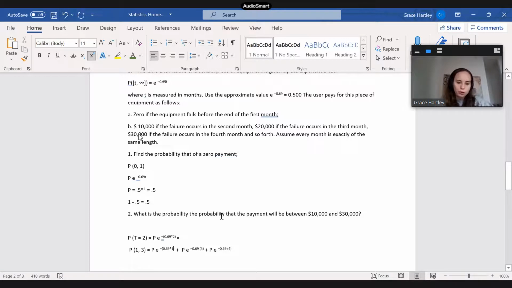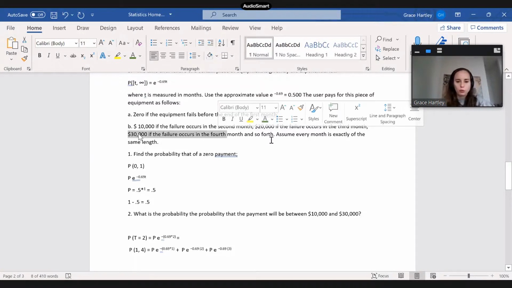And again, here you're not going to use 3, but you'll use 4. P from 1 to 4. Think about why that is the case. Okay, so it does include it because it's ending then. It's the end of month 4 because it goes to 30,000 in the fourth month. So you have to go to the end of the fourth period.